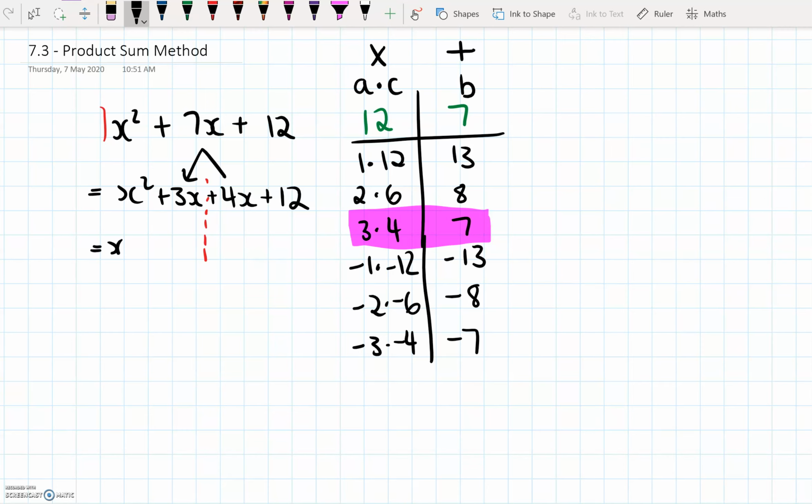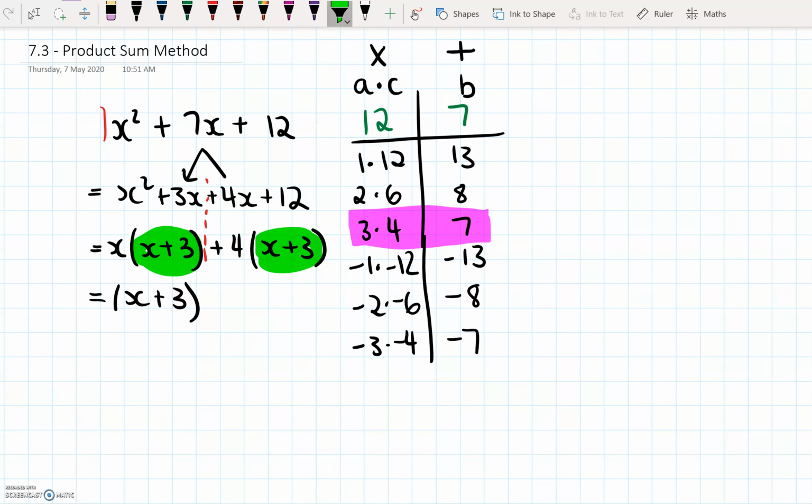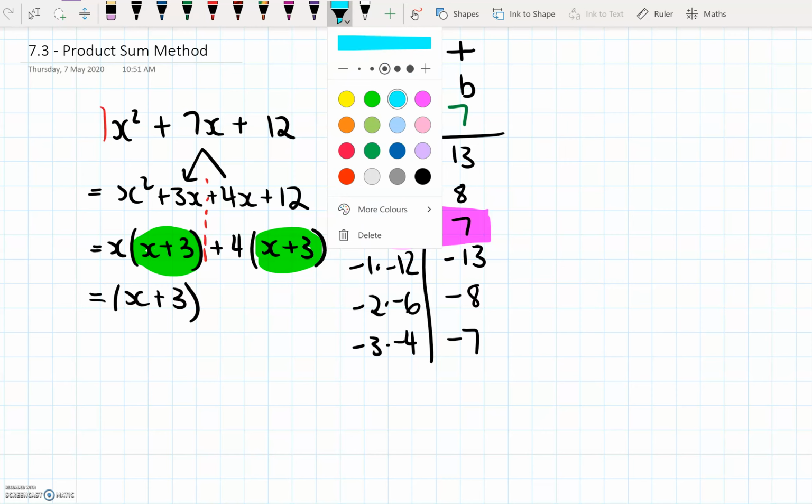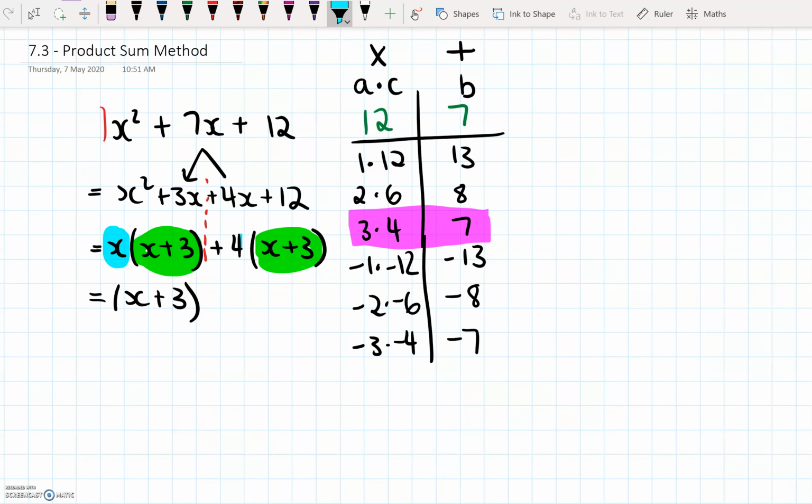So we get x plus 3, plus 4, x plus 3. Okay, our brackets match. We got x plus 3 in both brackets, which means we can now write equals x plus 3. And what we have left over is x plus 4, so that's going to go in our second bracket.